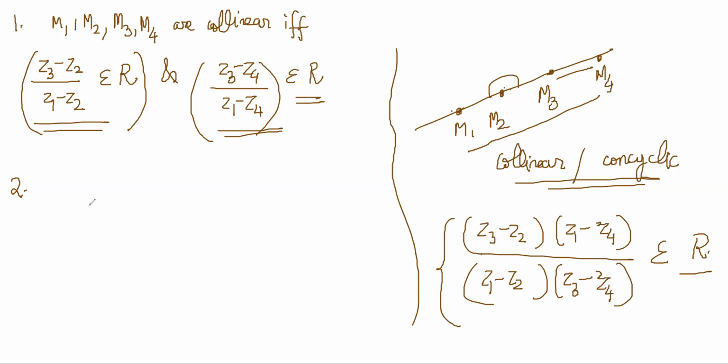But in the parts, for the first one, they're not real. So in the first one the reverse is not true for collinear. What reverse? You said it's an if and only if statement. But that is only for concyclic. No, here also this is an if and only if statement. Yes, sir.